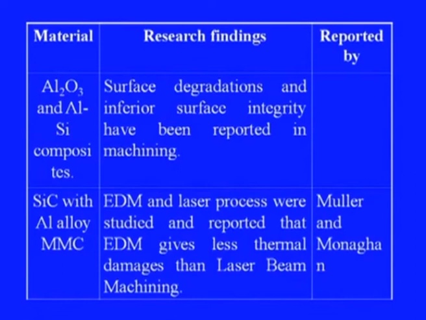Then EDM and laser processes were studied and it was reported that EDM gives less thermal damage than the laser beam machining. This was done on silicon carbide with aluminum alloy, that is also another kind of MMC.